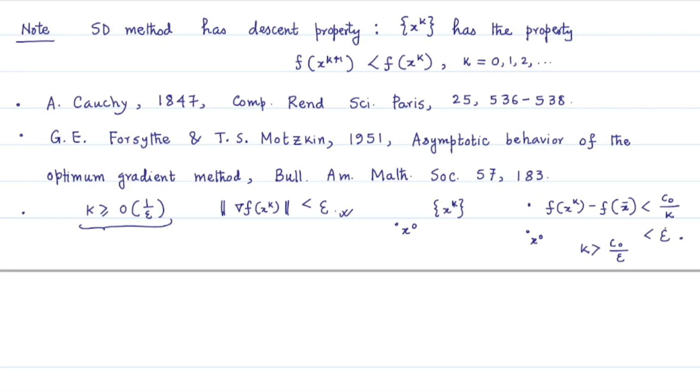Due to this fascinating result of a priori estimating the number of iterations required to reach a global minimum, the steepest descent method, although very ancient, is possibly the most popular among mathematicians as well as practitioners.